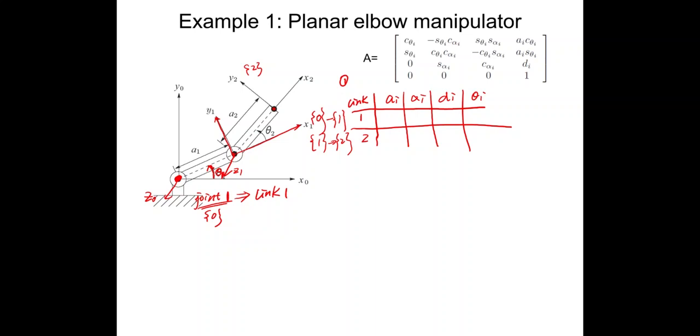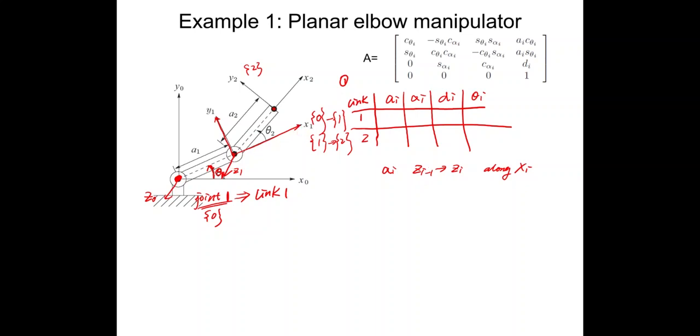Let's start to find these 4 parameters. Again, let's quickly review the definitions. a_i is the distance from Z_i minus 1 to Z_i along X_i. In this case, that is the distance between Z0 and Z1 along the X1 axis.